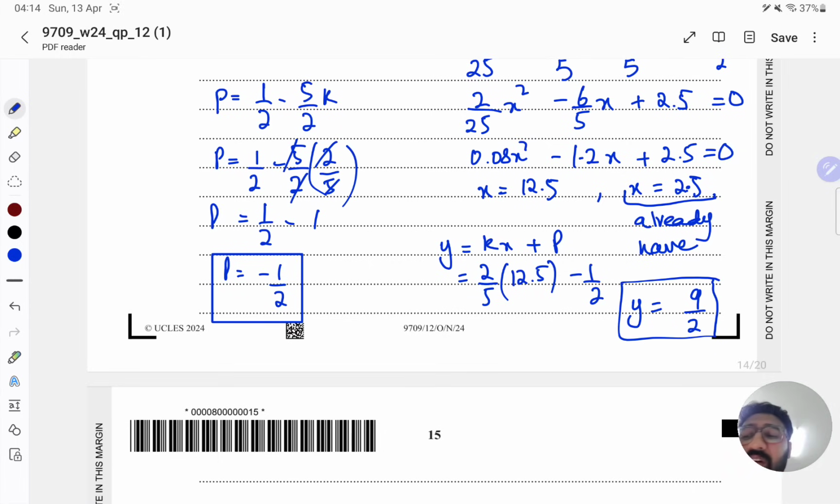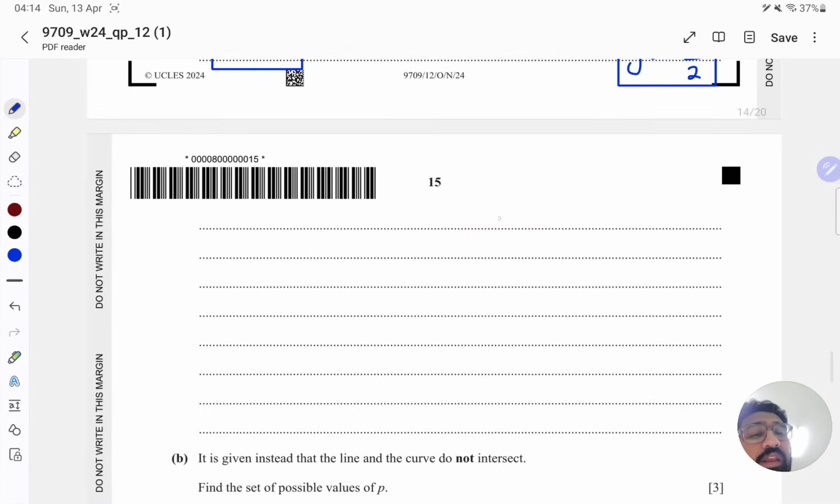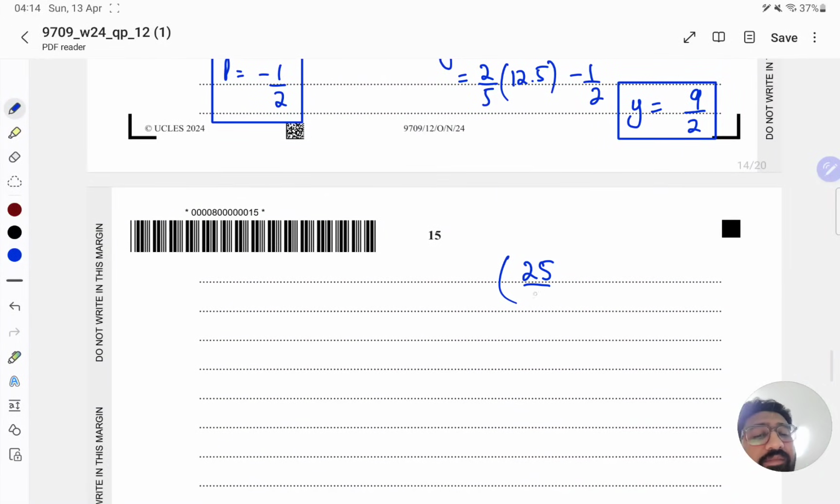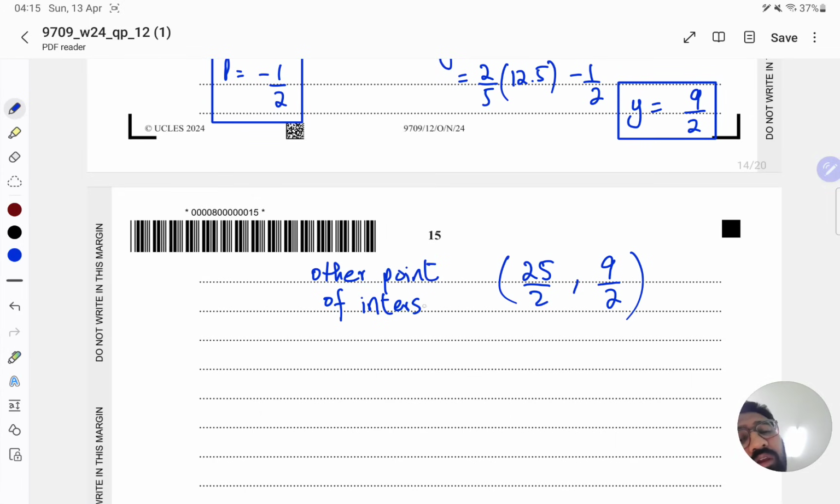So the coordinates of the other point of intersection are 25/2 comma 9/2.